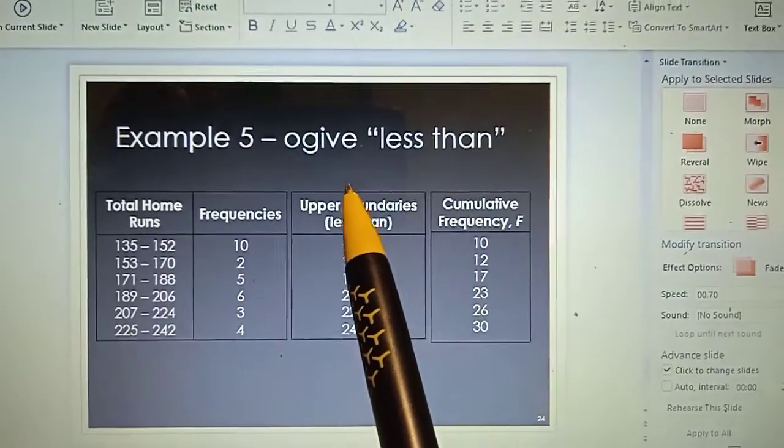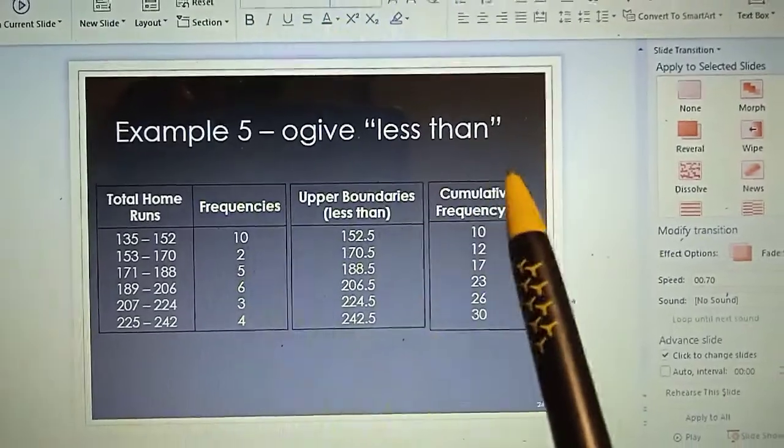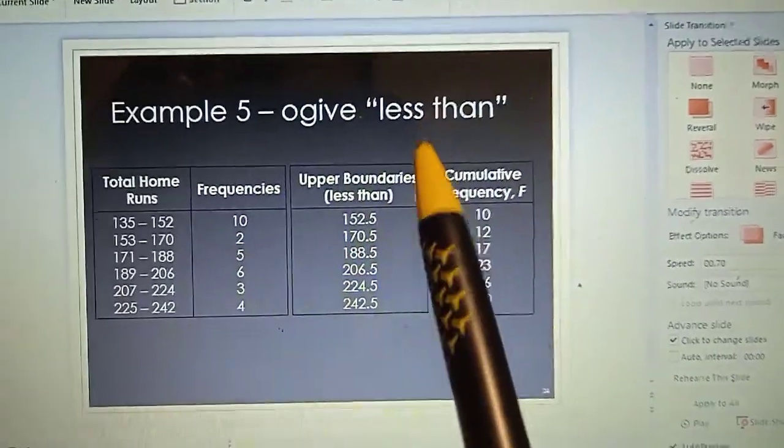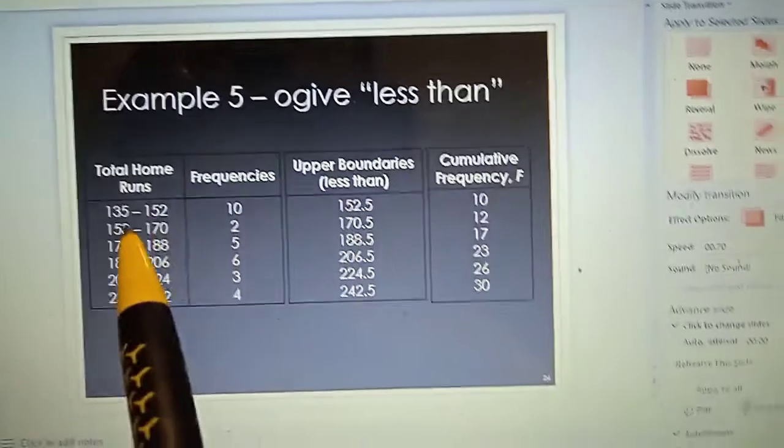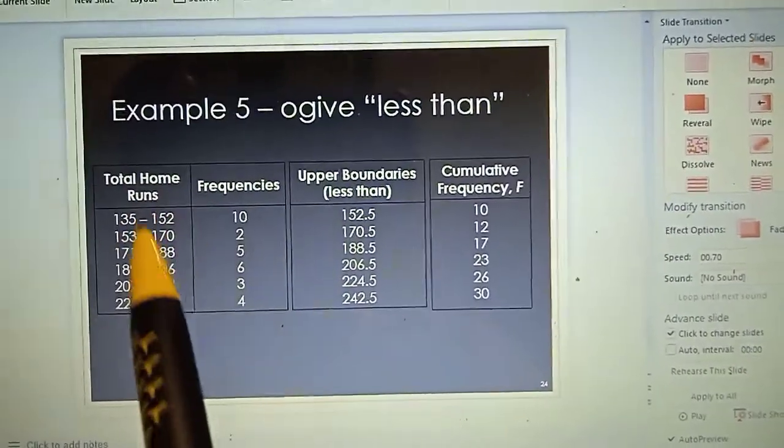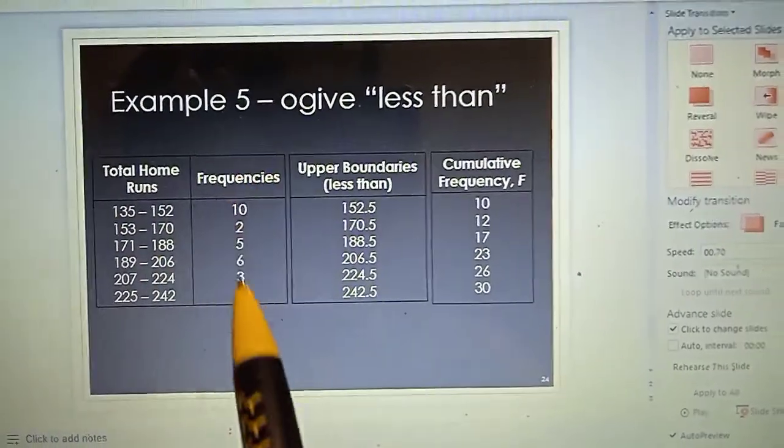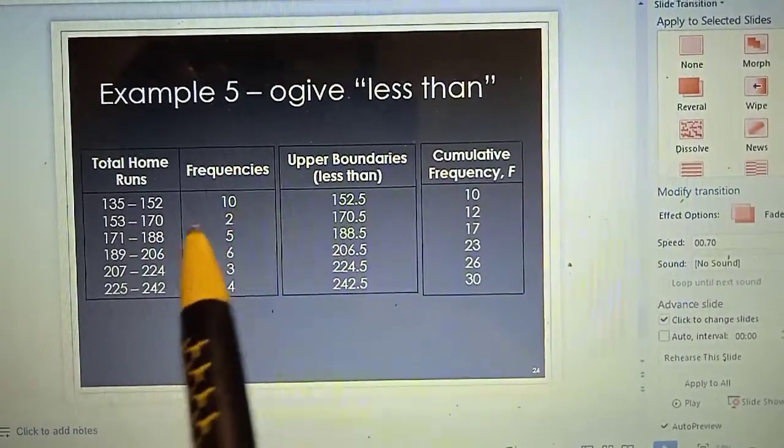This is an example of an ogive less than. How do we display an ogive using less than? From our earlier example of total home runs, we have the frequencies for each class.